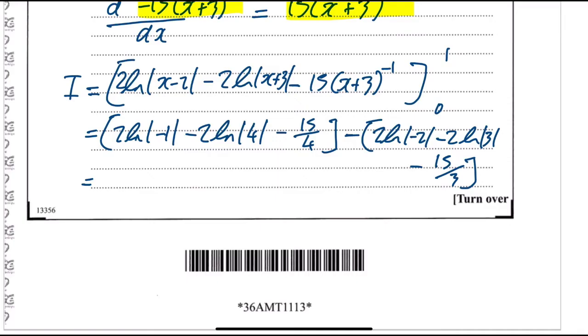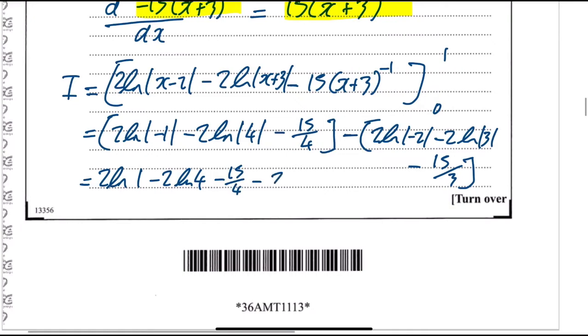Right, that's the same as 2 ln of 1, making modulus n, minus 2 ln of 4, and that's just going to be minus 15 over 4. There's nothing I can do with that. Then do these ones, minus 2 ln of 2, that's going to be, then that's going to be plus 2 ln of 3, and then 15 over 3 is minus 5, so that's what you've got.